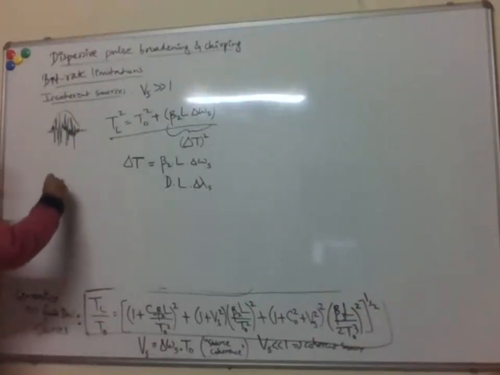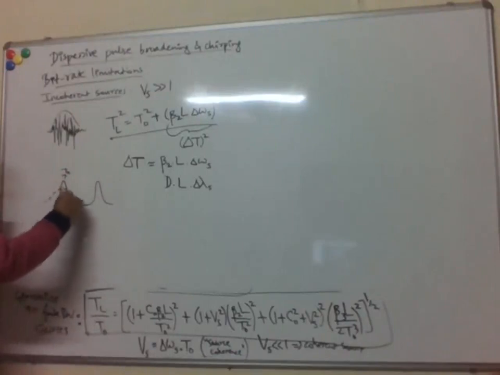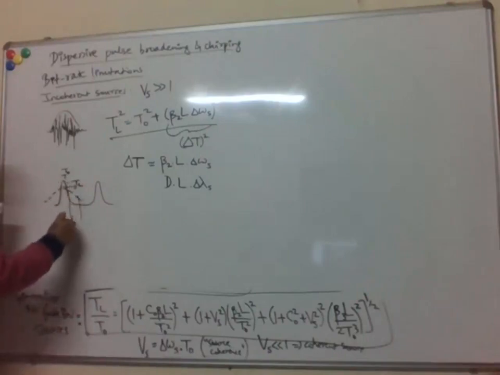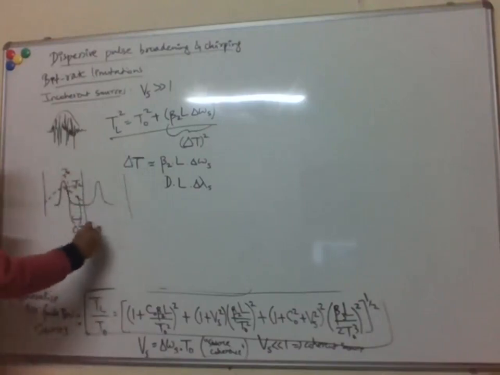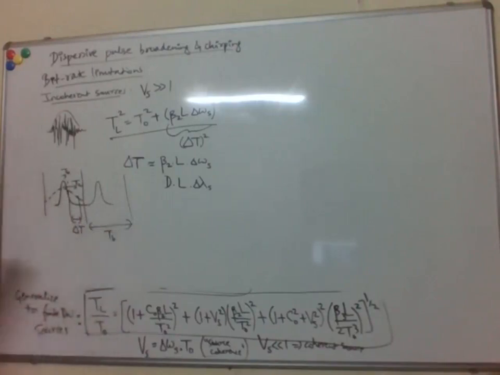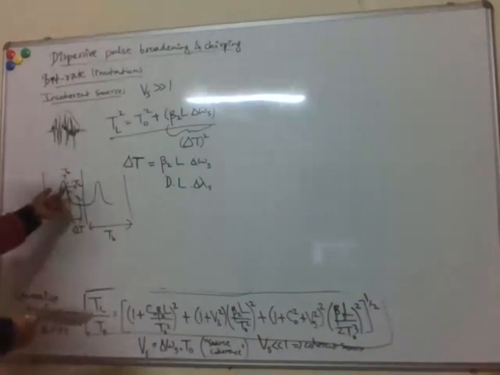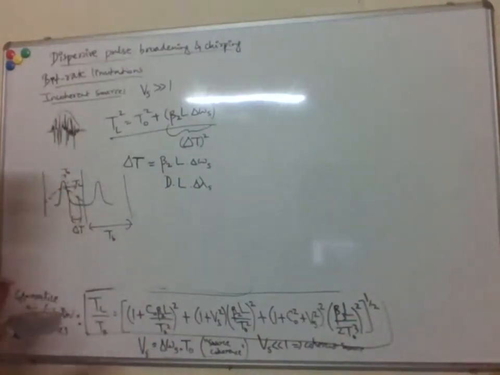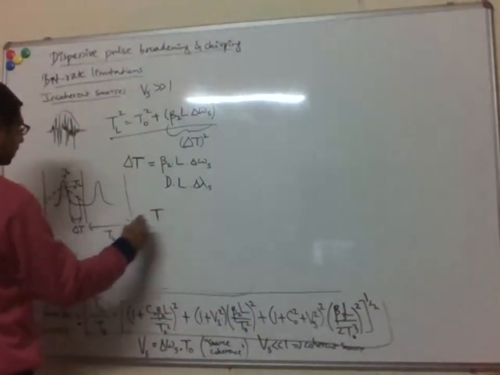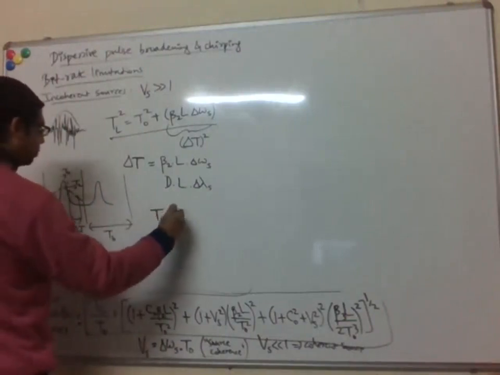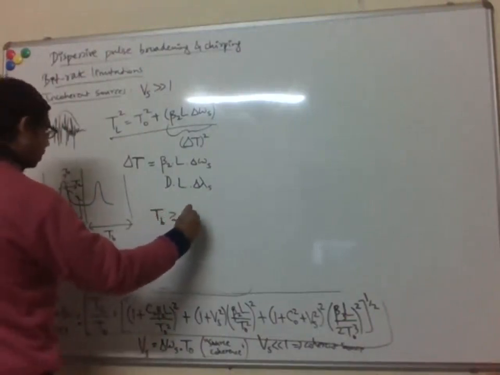Right, so basically at the transmitter, if I have pulses with T naught, at the receiver I'm getting pulses of T_L, and this broadening is given by this. Typically, to avoid intersymbol interference, or to keep the errors below a sufficient threshold, a typical rule of thumb is that we make the bit period greater than 4 times the broadening.